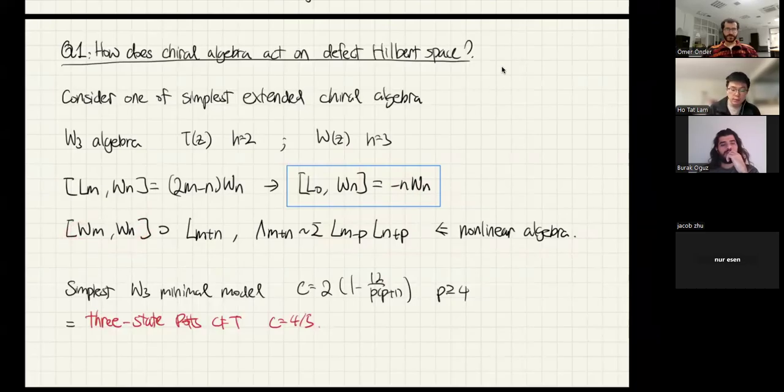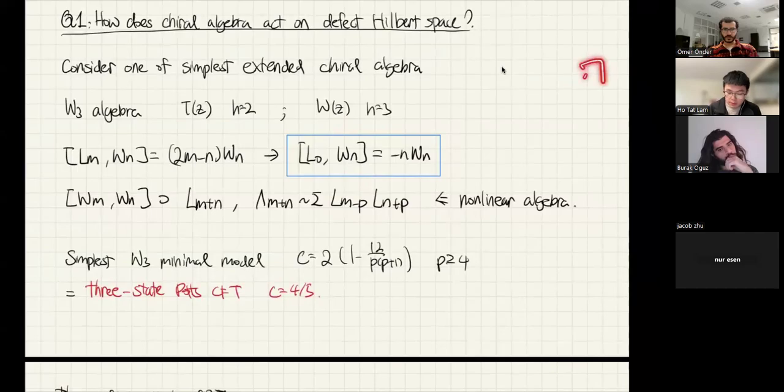So that's why the W3 algebra is a nonlinear algebra, and that's why it's very different from Virasoro, and why people are still working on this. This nonlinearity allows us to open many possibilities, and that's why the Wn algebra is still a very active subject of study.